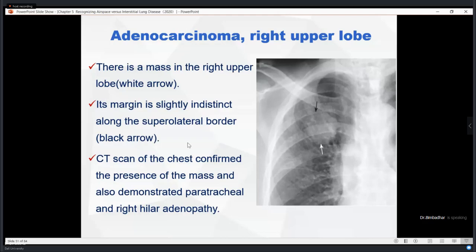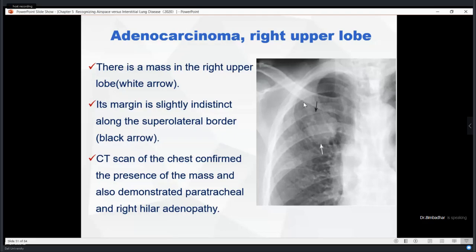It has a superior lateral border which is slightly indistinct when compared to the lower border, which means this superior lateral border is attached to the pleural layers. The pleural tail sign, spiculation, indicates that there have been fibrous extensions from the mass to the pleural layers.